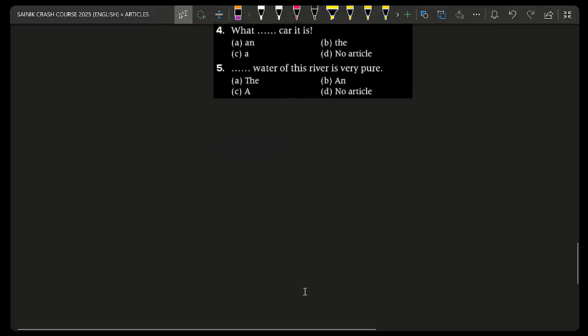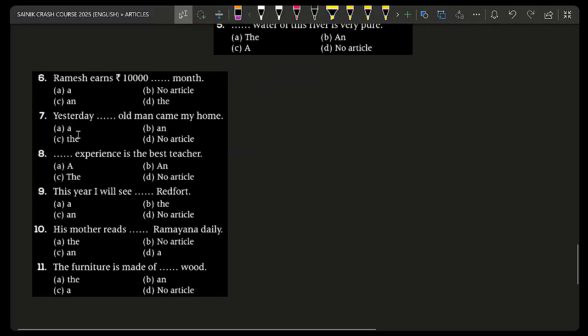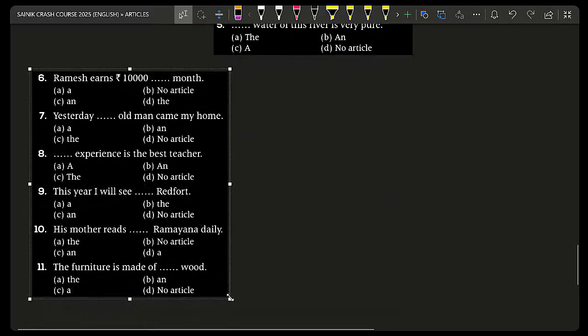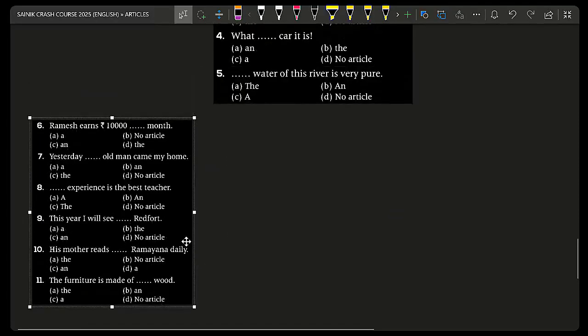Okay, all of you, as we are running out of time, I'm going to give the next few questions, all the exercise questions together. You can answer them. This is fourth and fifth one. Now, starting from the sixth. I will give the answers also so you can practice for the weekly test, because English only we are taking Wednesday, Thursday. So we can include this topic also in your upcoming weekly test. So this is 11th one.